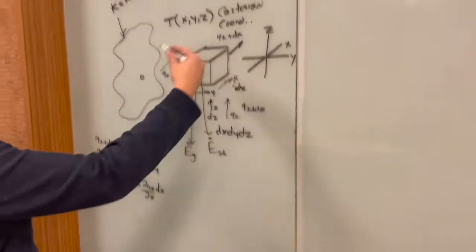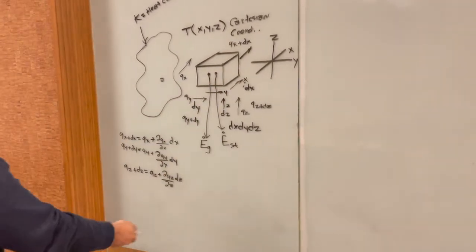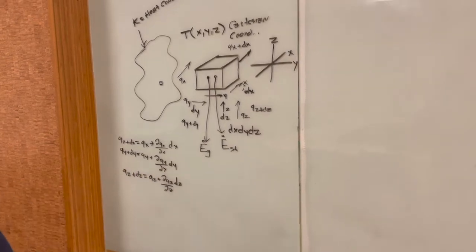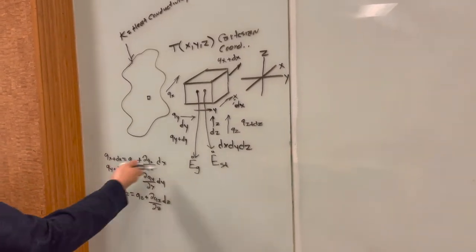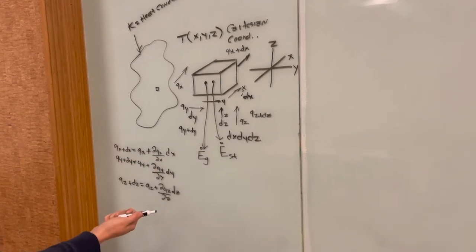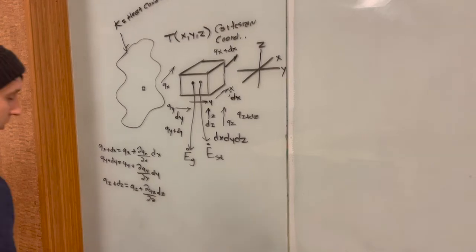Okay, so we basically defined what's going in, we defined what's going out, and we extrapolated on what that actually means: the gradient of heat transfer that's going through, multiplied by the infinitesimal change in that direction.